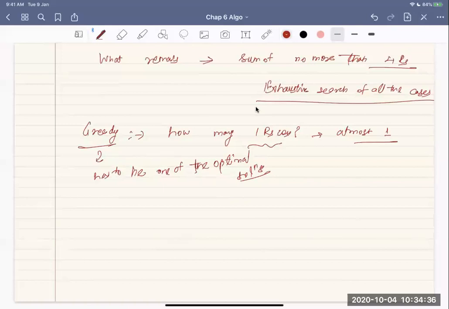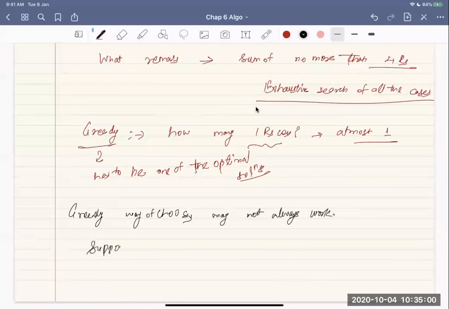Okay. Now, that's where another point of caution comes. The greedy way of choosing may not always work. So you take the same problem. Suppose you want to make a change of n rupees using 5, 4, and 1.